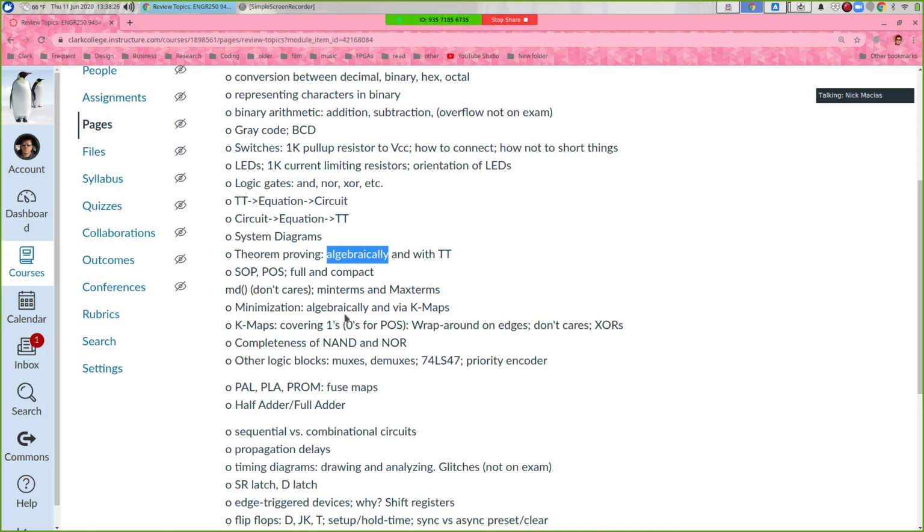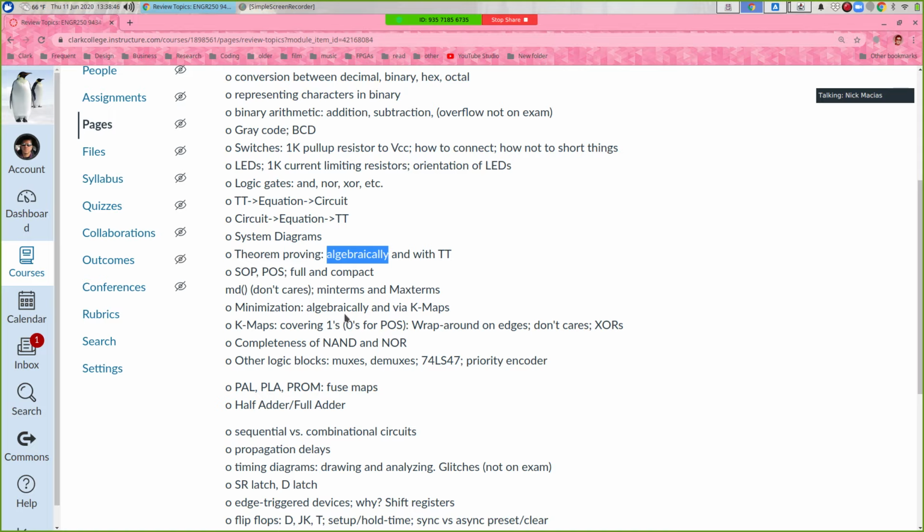Minimizations: we didn't do systematic algebraic reduction, SAR. We minimized using K-maps, so make sure you're comfortable with K-maps. Copy your ones and your don't cares if you're doing a sum of products. Copy your zeros and don't cares if you're doing a product of sums.